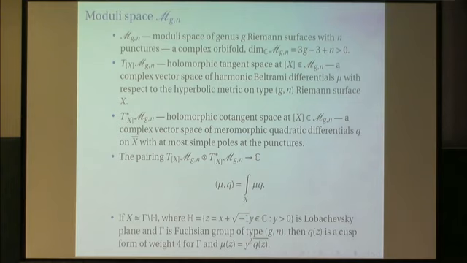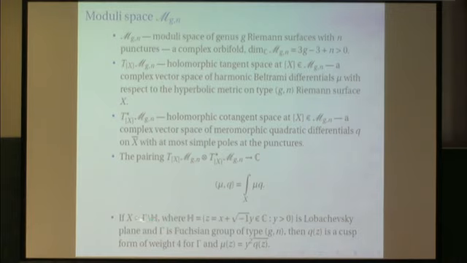Effectively, if we uniformize our Riemann surface as a quotient of the Lobachevsky plane, the hyperbolic plane, by the action of a torsion-free Fuchsian group of type (g,n), then the corresponding meromorphic quadratic differentials correspond to cusp forms of weight 4, and correspondingly harmonic Beltrami differentials have this form. So there is a complex antilinear isomorphism between tangent and cotangent spaces. That's a very brief reminder.